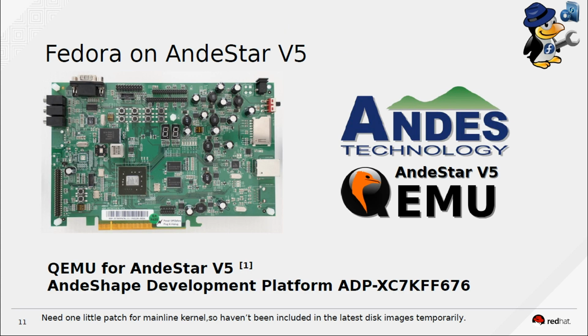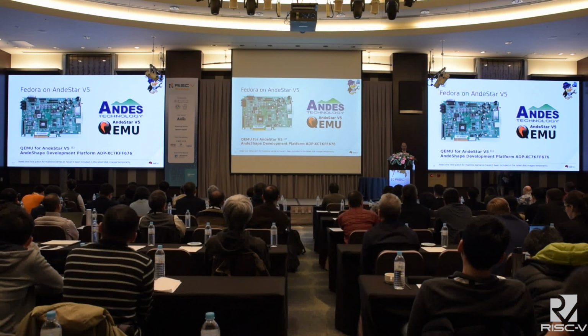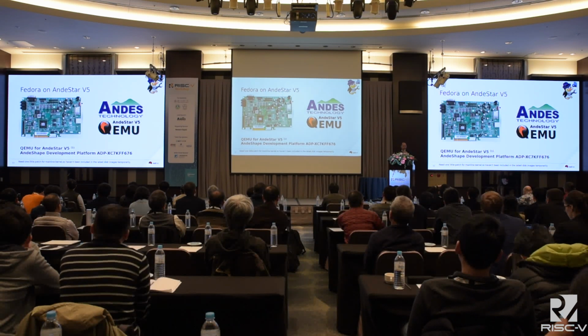So I'm very happy to announce that right now we also can run Fedora on the Andes-style platform. I heard that just now, Andes' engineer mentioned this, so I'm very happy to see that. And we can run Fedora imaging on Andes' QEMU platform and also on the FPGA platform.